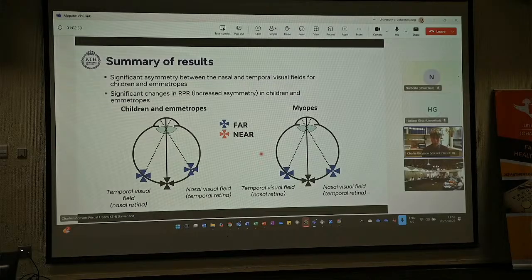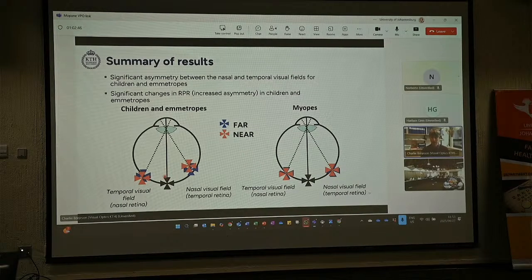And this was for far measurements. If we then look at what happens with accommodation, we see that the asymmetry increases in emmetropes, whereas for myopes, even though there is a slight shift, it does not amount to any asymmetry.